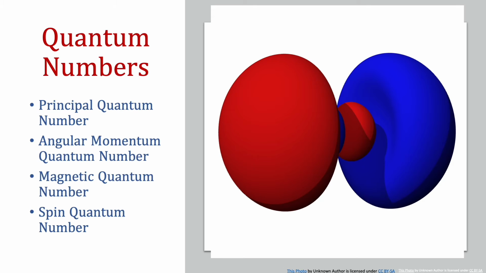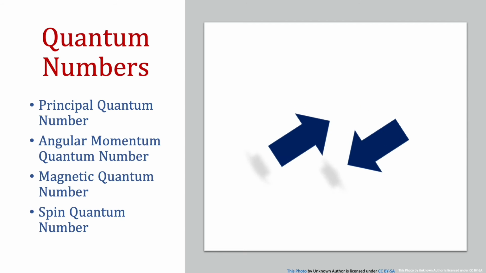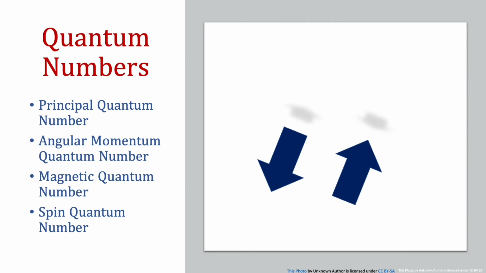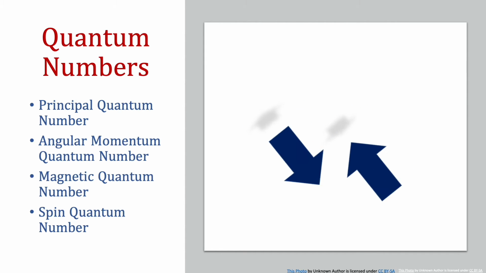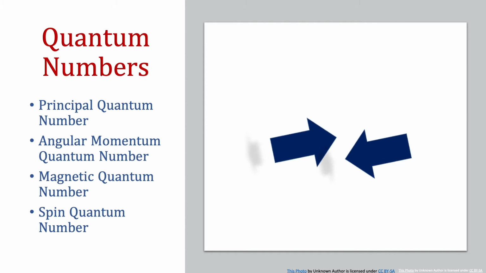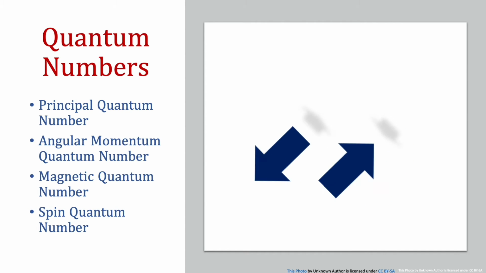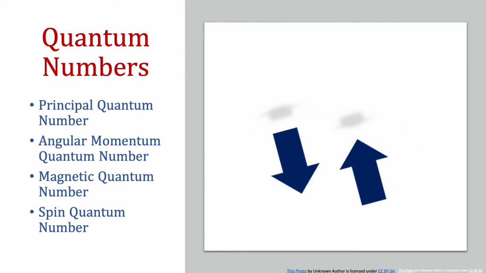In each orbital, maximum 2 electrons are allowed. Spin quantum number: two possible values are permitted to the electron spin. Once the electron spins, the spinning charge creates a magnetic field. When the electrons spinning are in opposite directions, each magnetic field cancels out.